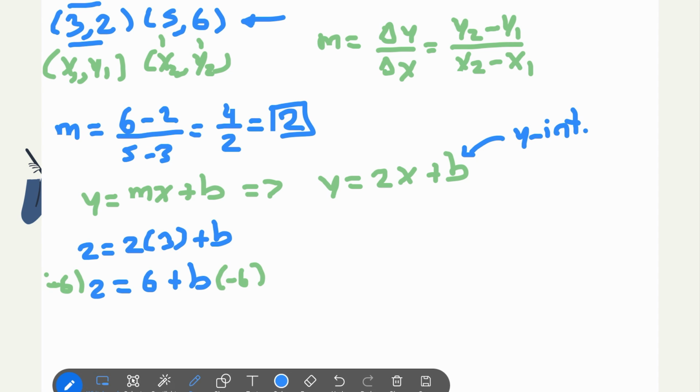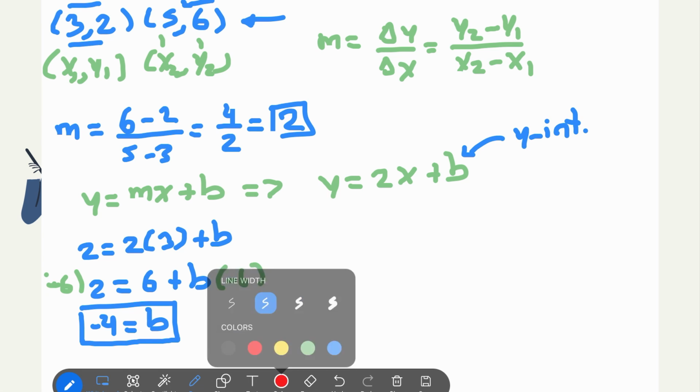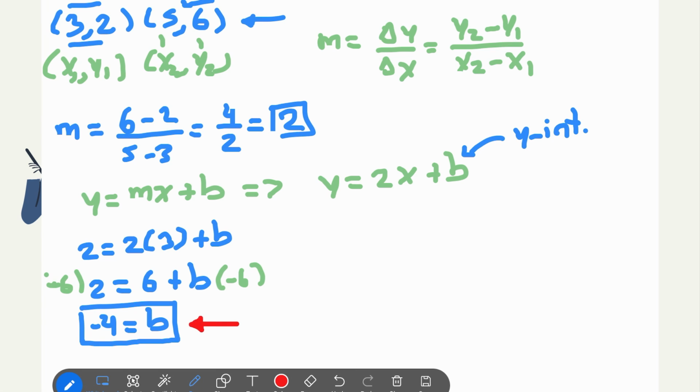We will have the value of b being equal to negative 4. And if you want to make sure that is the right answer, you could work with the other point, that is 5, 6. So our final solution to this problem comes to be negative 4.